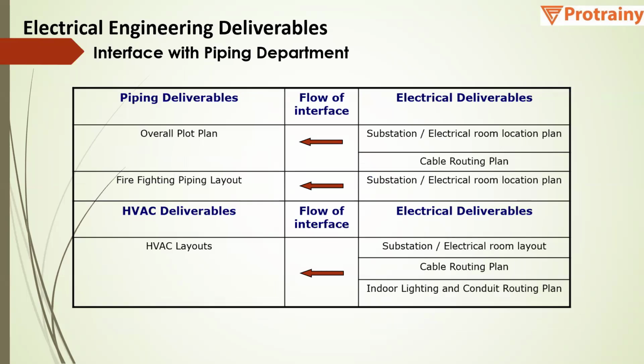Similarly, based on the size of the electrical substation, electrical room, and cable routing plan, we will further provide input to the overall plot plan where they will be incorporated. It will also provide input to the firefighting piping layout based on the location of the electrical room. Then we will also have the HVAC layout.